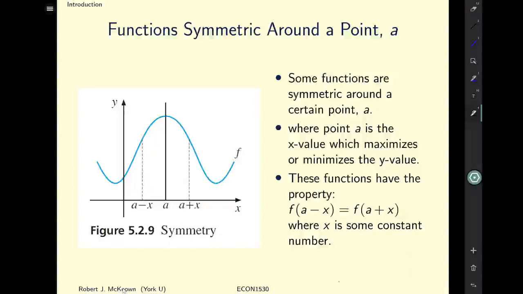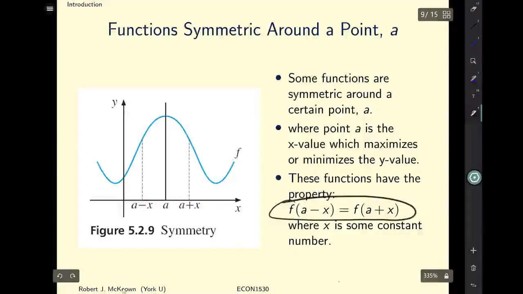Now here's where I'm going to try to teach you how to read some notation, and it's a little confusing because of the x's. A function is symmetric around a point A if this equation holds. So if I plug in some numbers here, let's say that A is equal to 10, and I'll just say that x is equal to 2, so that we've got 12 here and we've got 8 here.